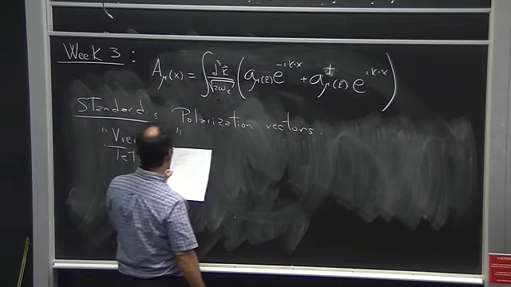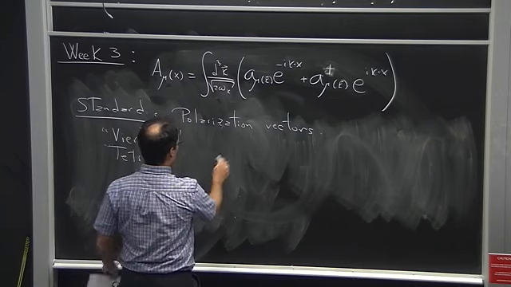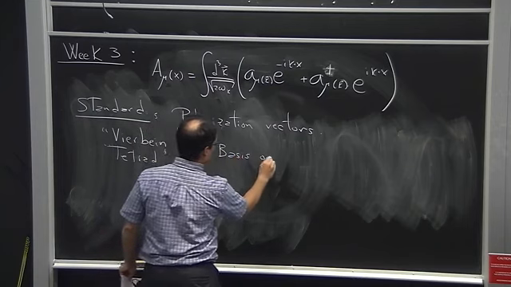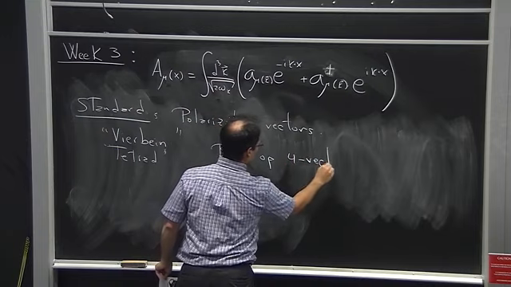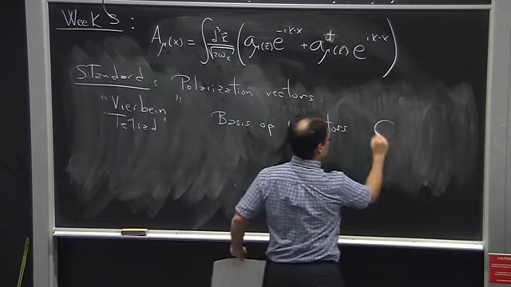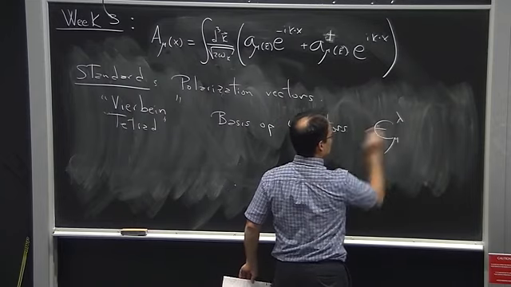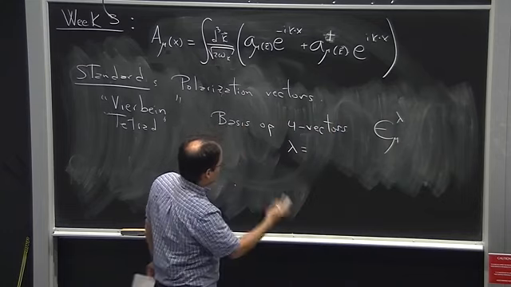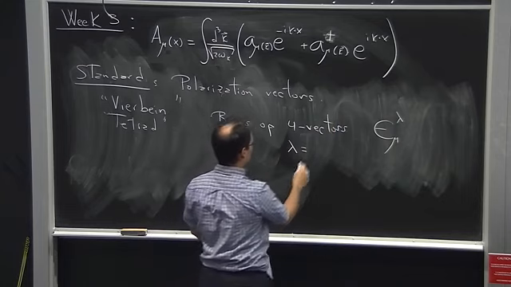Okay? And what this means is the following. We're going to introduce a basis of 4 vectors, which we're going to call epsilon mu lambda. Now, lambda can take 4 values because we have a basis. We have to generate the whole 4-dimensional vector space.